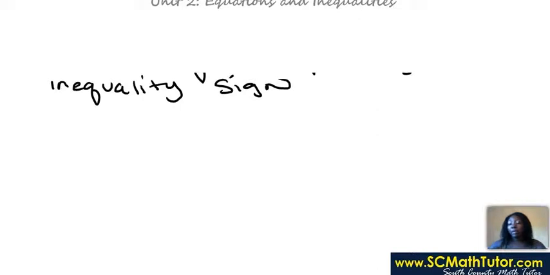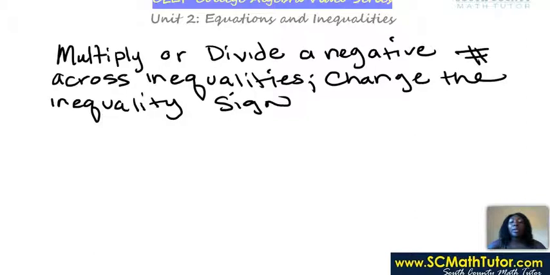I'm having a little bit of computer issues. So when you multiply or divide by a negative number across inequalities, change the inequality sign. So that makes a difference.